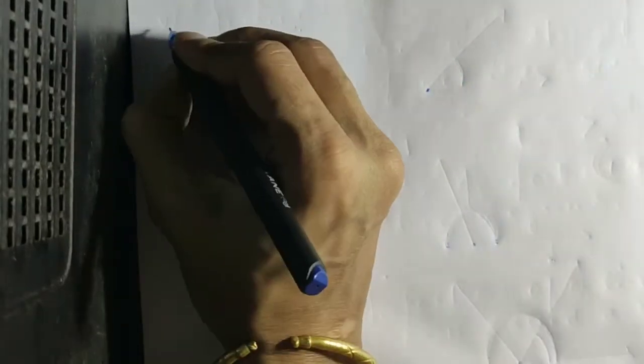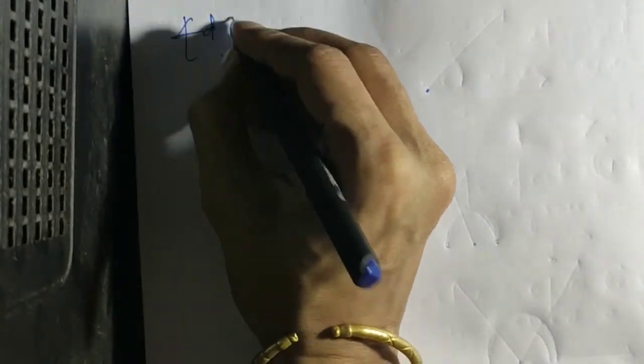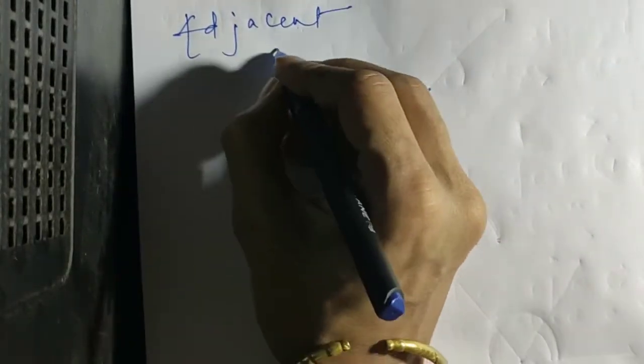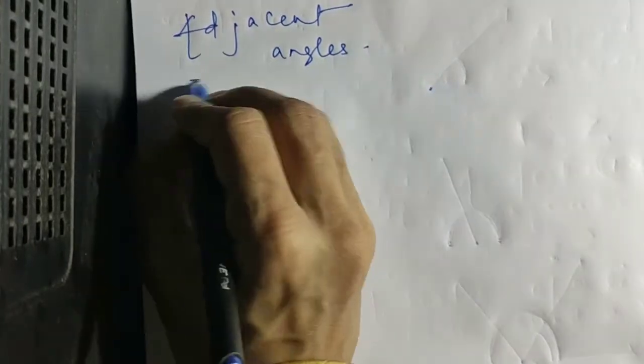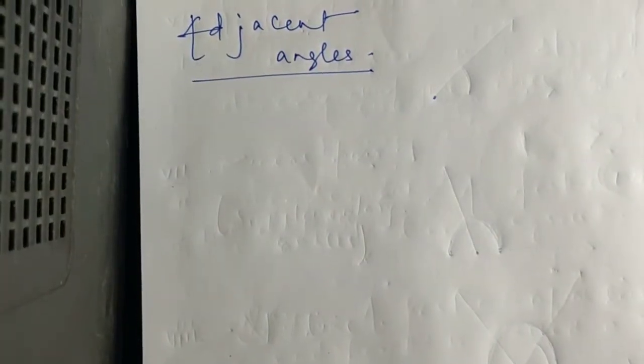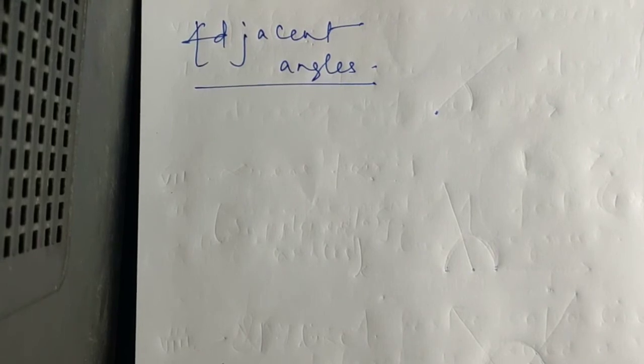Adjacent angles are two angles which have a common arm. Adjacent angle means angles which have a common arm, and the other two arms are on the opposite sides of the common arm.